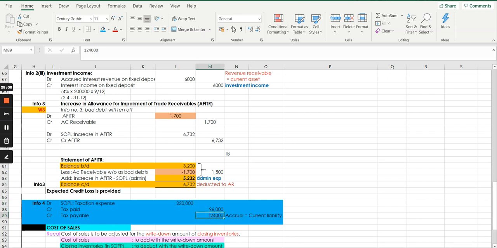So there is still a need for you to pay the Inland Revenue Board 124,000, and that will be called tax payable because you have paid less and you are assessed more. If the case is vice versa, it will be a tax recoverable and you are going to debit that as tax recoverable. But in our case it was a tax payable, and this is a current liability, and the tax expense is going to go to the SOPL, and of course that is going to be a line item on its own. But this 124,000 will be a current liability, your tax payable.